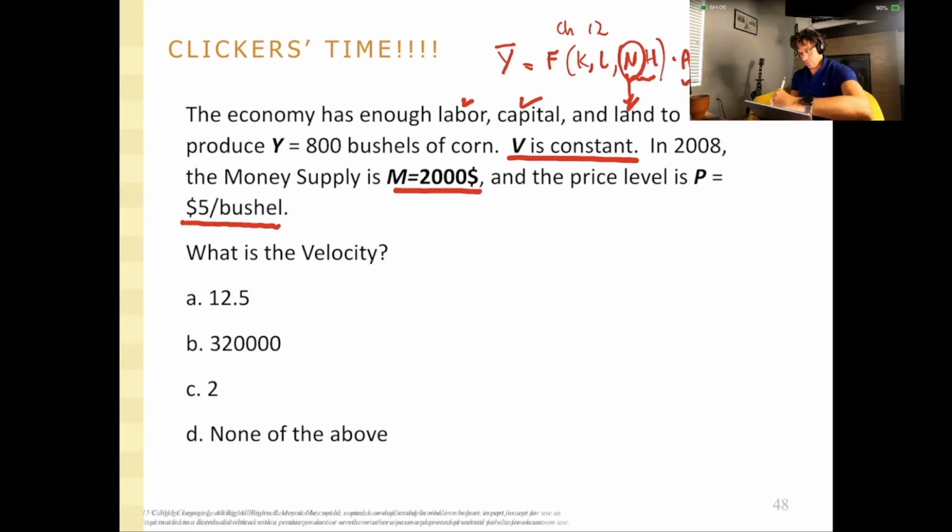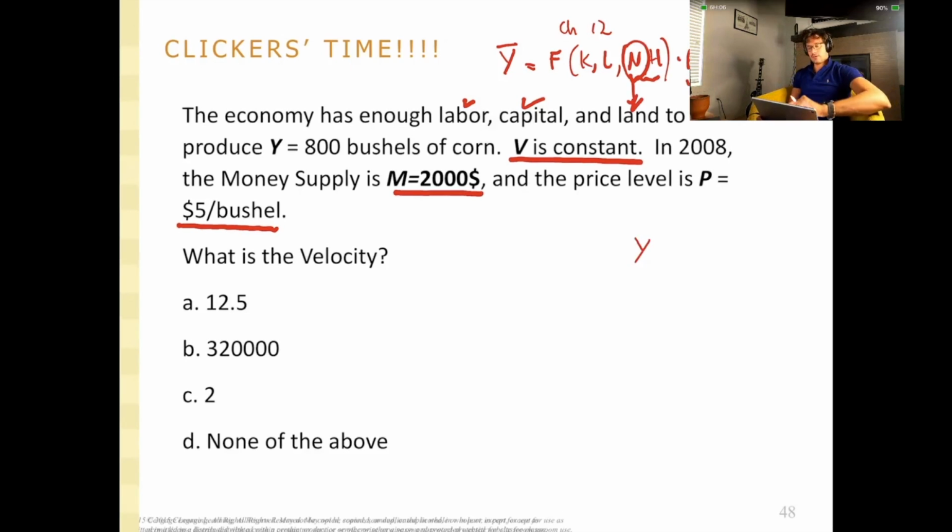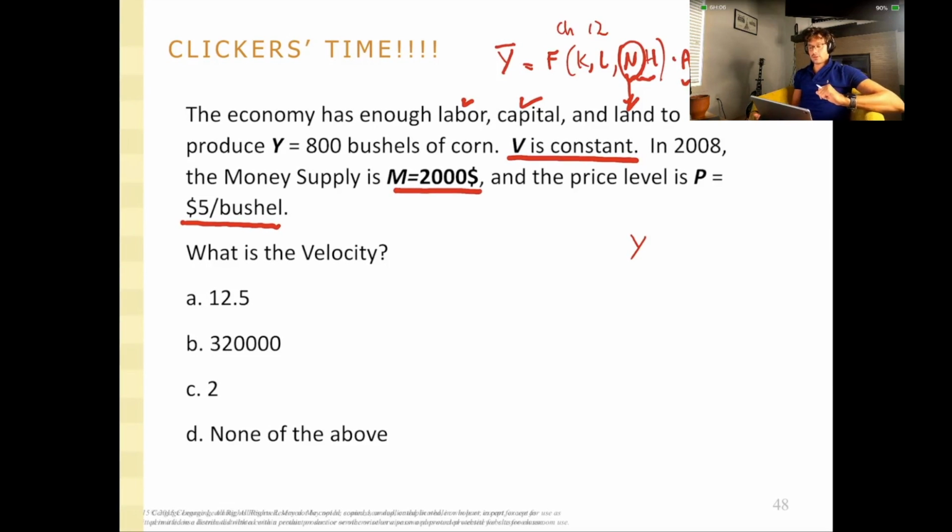Well, we can apply the formula. I always forget this formula, so let me rederive it. All these are the amount of transactions that have to be made possible in this economy. The value of each transaction is given by the price. So I have this amount of money in the economy. V is the number of times that this money has to circulate in order to purchase this output. So V is equal to PY over M. What is PY?